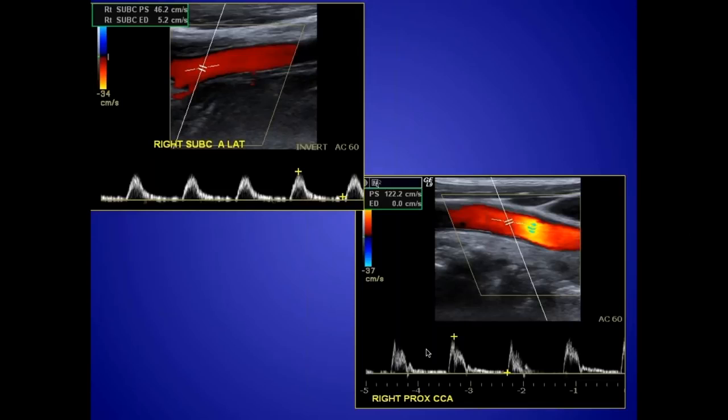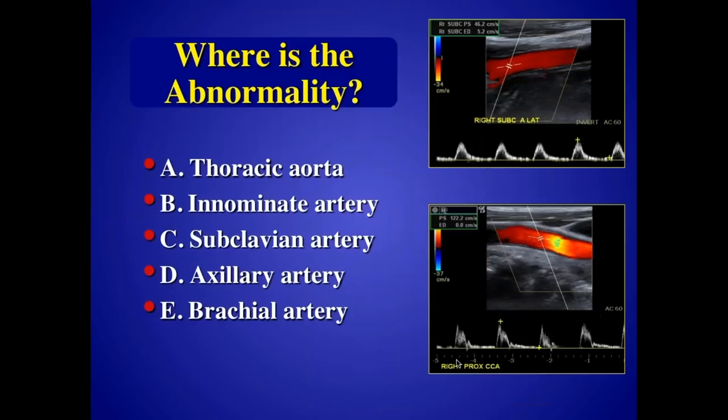Because if you have an abnormal subclavian lesion, it's possible it could be coming from the thoracic aorta, it could be coming from the innominate artery, or it could be coming from the subclavian artery. If the lesion is coming from the aorta or innominate, it should affect the proximal common carotid. And we see a normal upstroke and a normal waveform here, so that's unlikely.